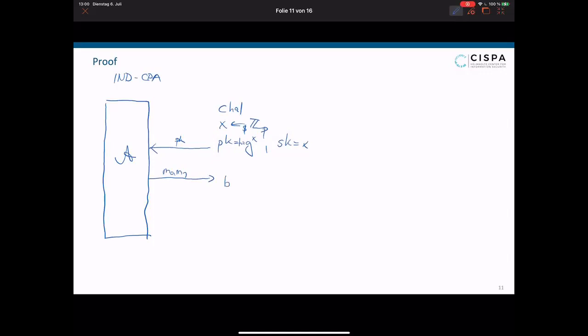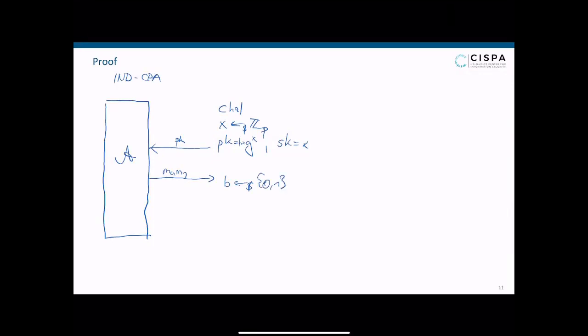The challenger chooses a random bit B and encrypts the message M_B. It chooses a uniformly random Y from Z_p and sets our ciphertext C, which is C1, C2, to G to the Y, that's C1, and H to the Y times M_B.